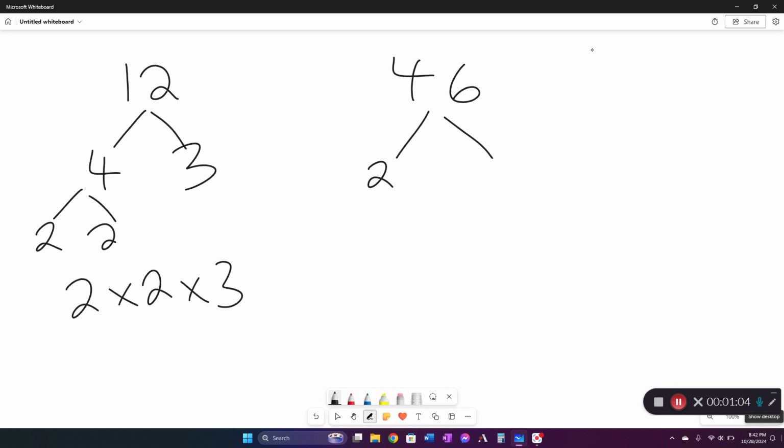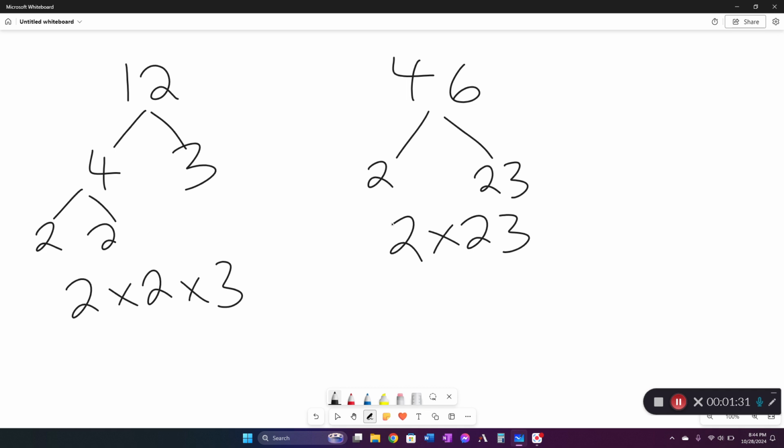Easiest thing to do. So 46 divided by 2 is 23. So that gives us 2 times 23.